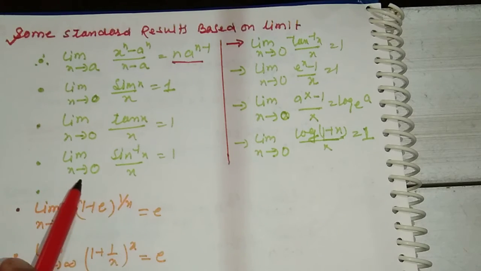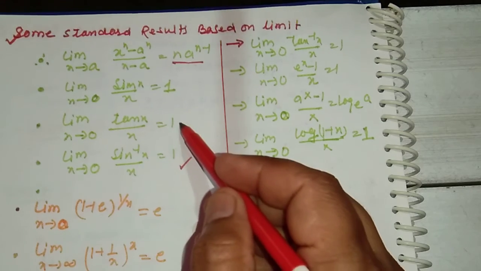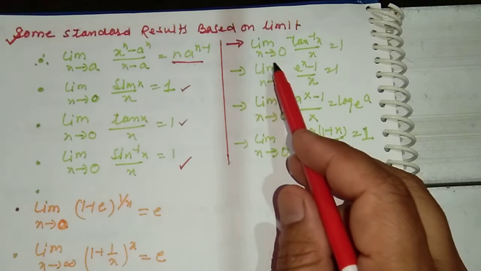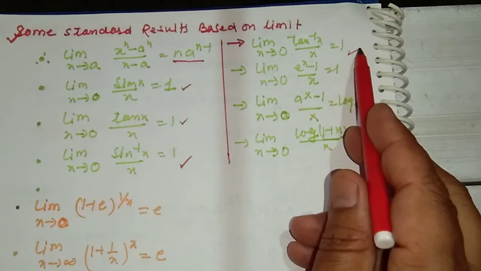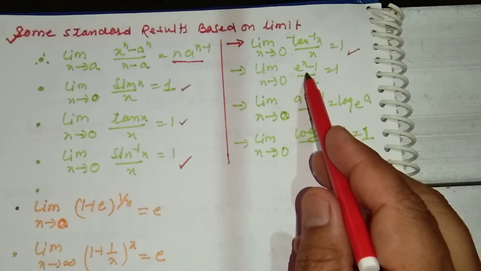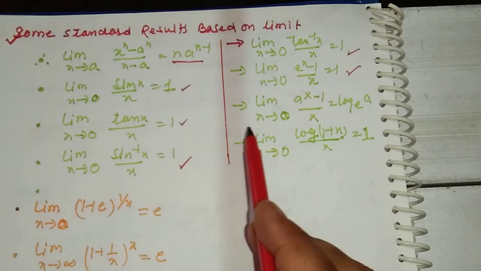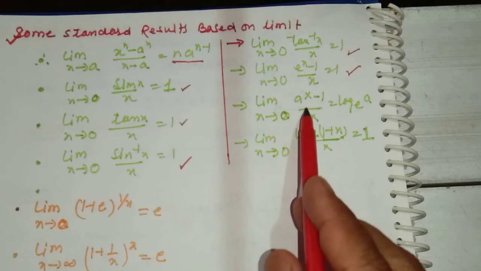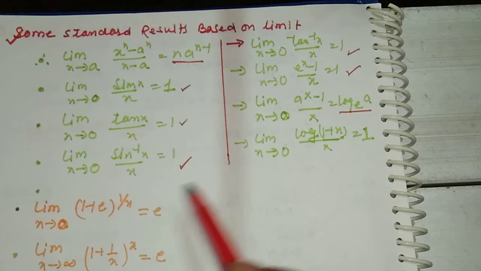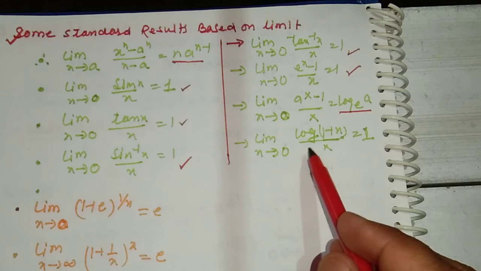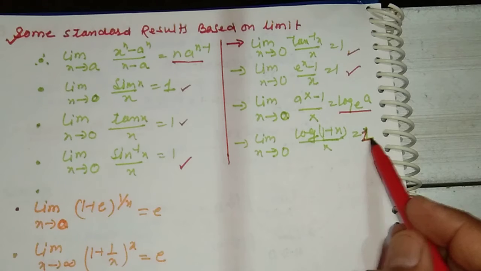Next, limit x tends to 0 sin inverse x upon x is also 1. Then limit x tends to 0 tan inverse x upon x is 1. Limit x tends to 0 (e to the power x minus 1) upon x is equal to 1. Limit x tends to 0 (a to the power x minus 1) upon x is equal to log a to the base e. Limit x tends to 0 log(1 plus x) upon x is equal to 1.